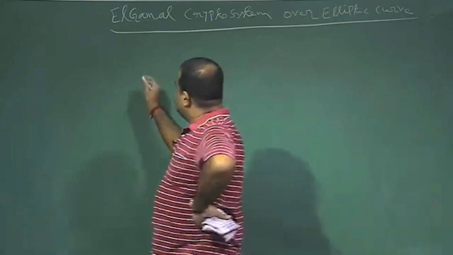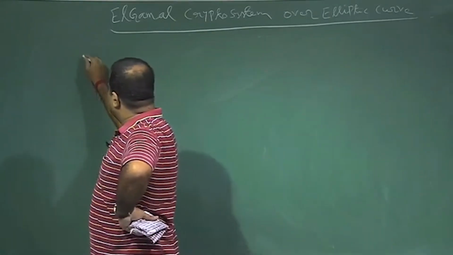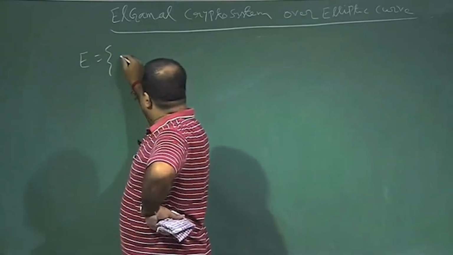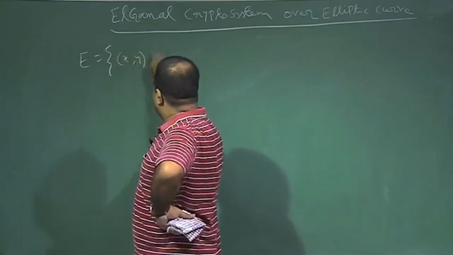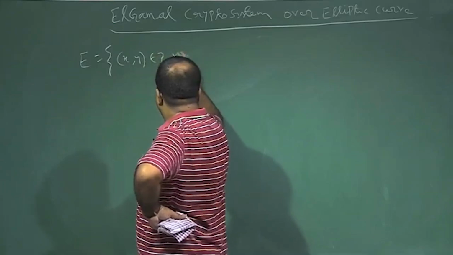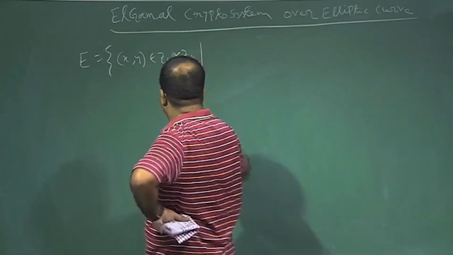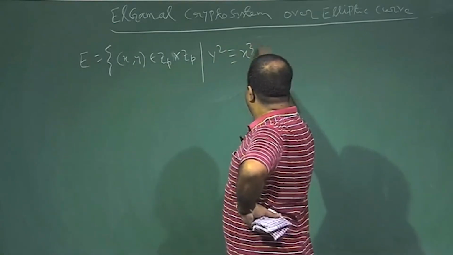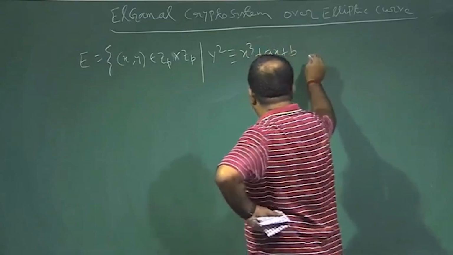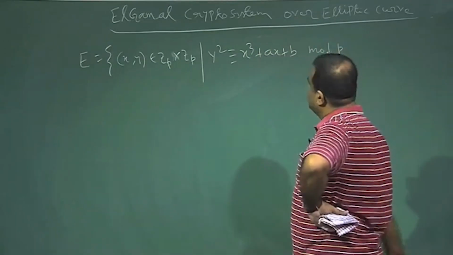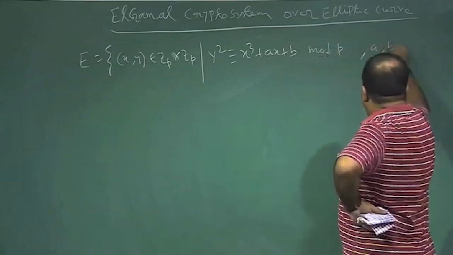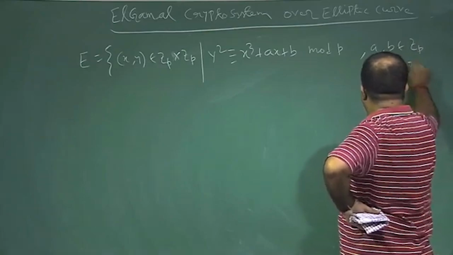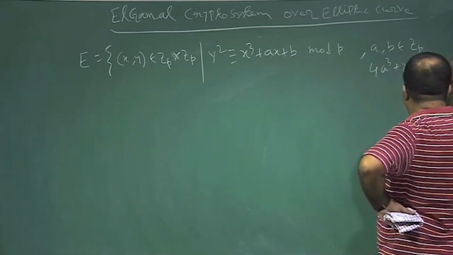We have seen, suppose we take this elliptic curve over ZP. So this is the set of x, y coming from ZP cross ZP, where p is a prime, y square is congruent to x cube plus ax plus b mod p, and a and b come from ZP, and we have the non-singularity condition 4a cube plus 27 b square is not congruent to 0 mod p.